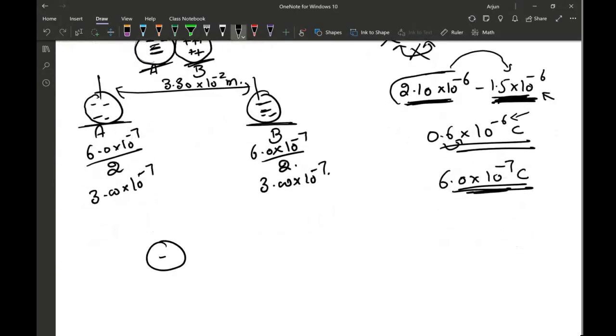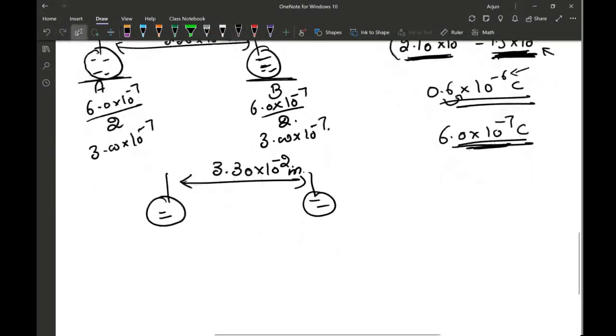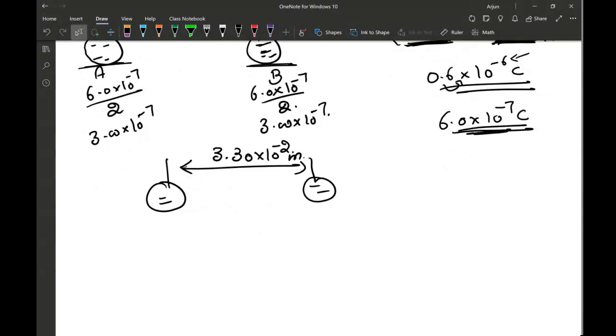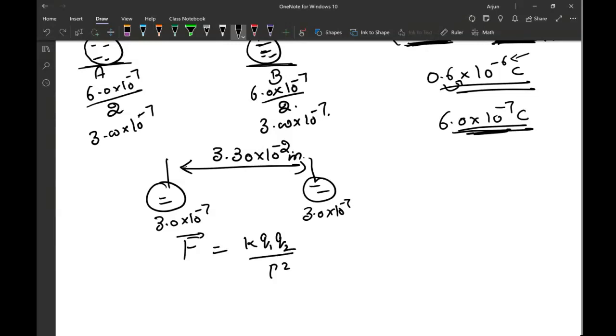Now, this is a negative charge, the other one is also a negative charge, and the distance between these two charges is again the same as the previous one, because you moved them back to their original position, 3.30 times 10 to the negative 2 meters. Now, I wanted to find out the force between them. So force value will be equal to kq1 q2 divided by r square, with q1 as 3.0 times 10 to the negative 7 and q2 as 3.0 times 10 to the negative 7.